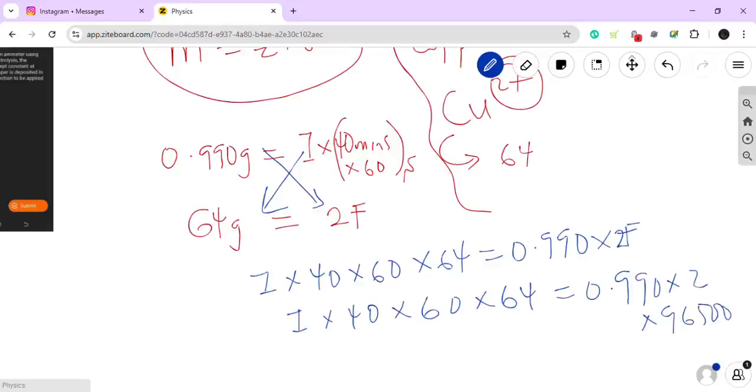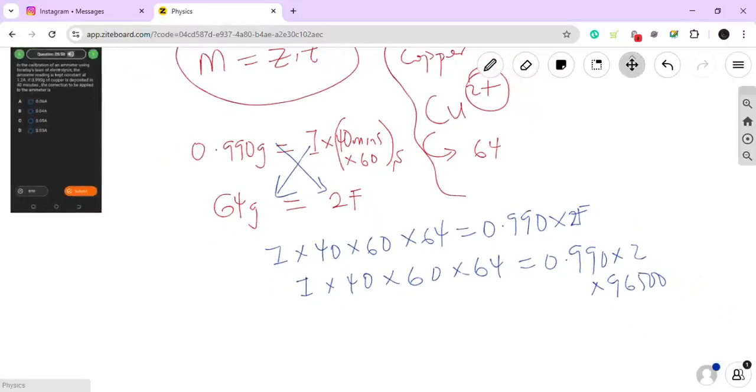So you just use your calculator to calculate this. 40 times 60, that's 2400, then 2400 times 64. That's what you want to do.